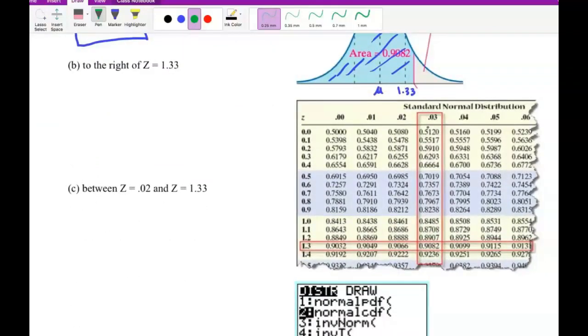I'm writing that for part B. Just remember that when you have right, you only need to subtract what you have on the left from 1.